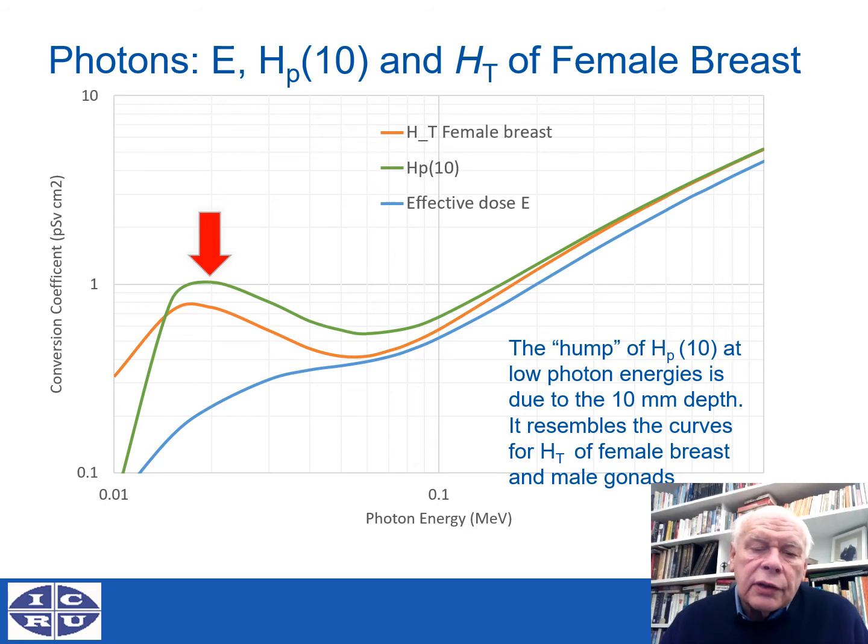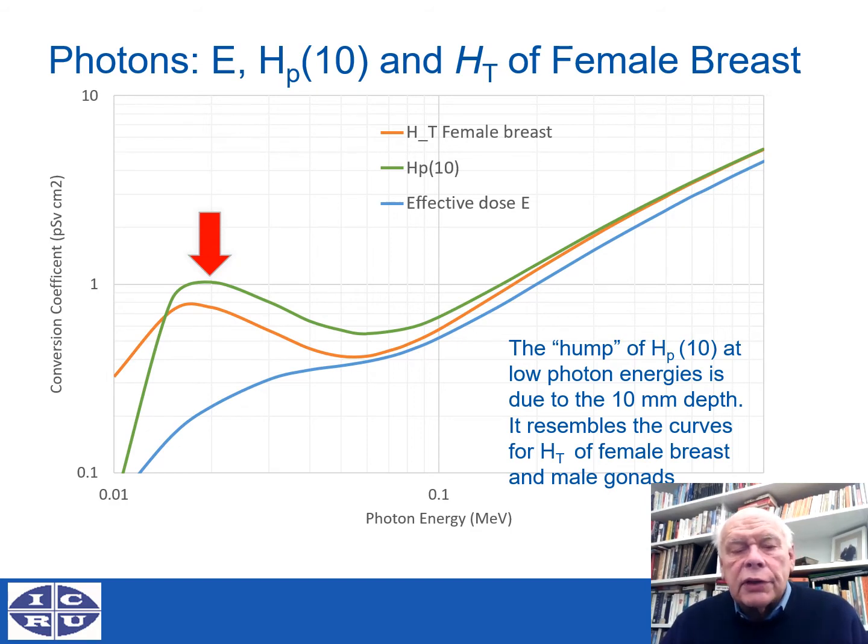And the reason is very simply explained. Effective dose is the average of all organs, also those deep-sitting organs, and therefore this includes organs which don't receive any energy deposition at all, any dose at all, whereas for HP10, of course, the dose at 10 millimeter depth is calculated, and at that depth there is still dose, and therefore you get this bump.